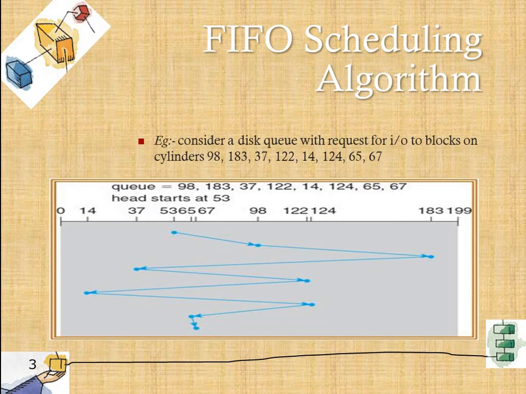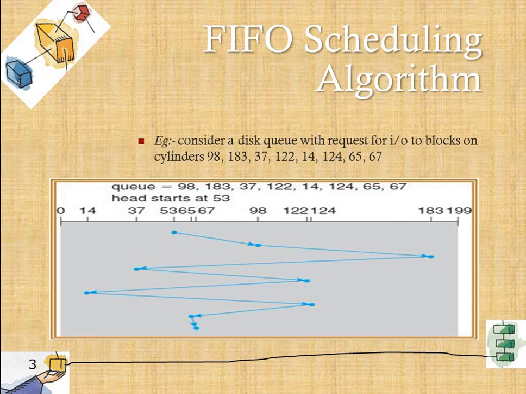Okay, so now let us understand the various disk scheduling algorithms. Whenever we speak about disk scheduling algorithms, we have various types. They are first in first out disk scheduling algorithm. Second, we have shortest seek time first.